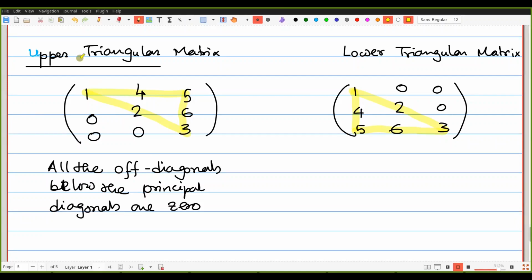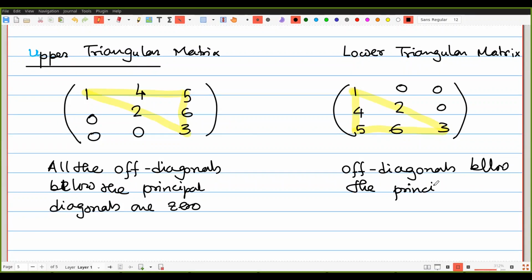Here we can say the opposite, that means off diagonals above the principal diagonals are 0. Okay, let's check another example.